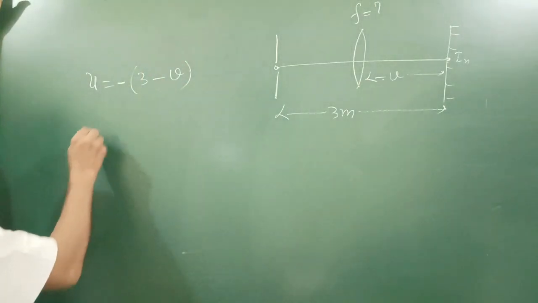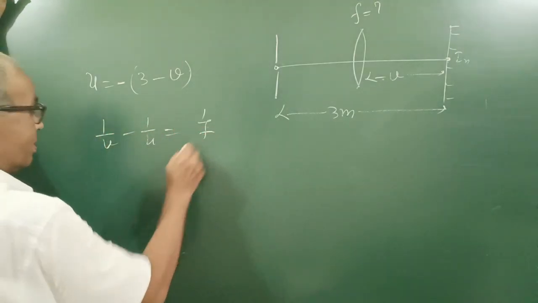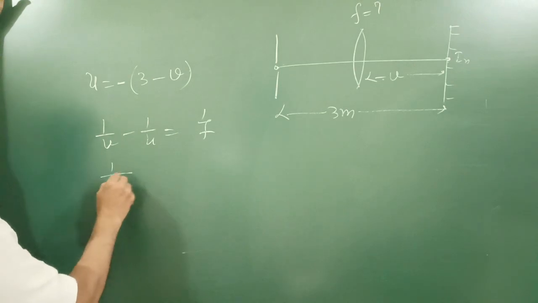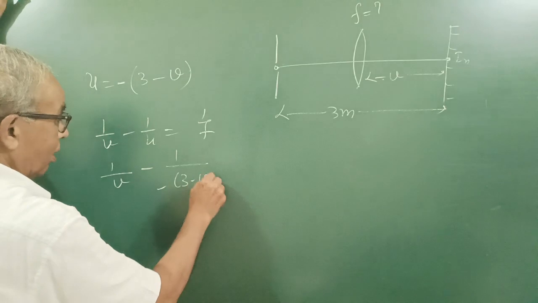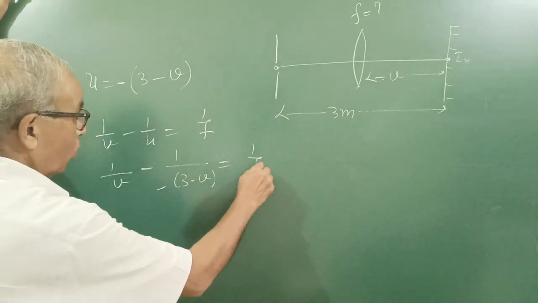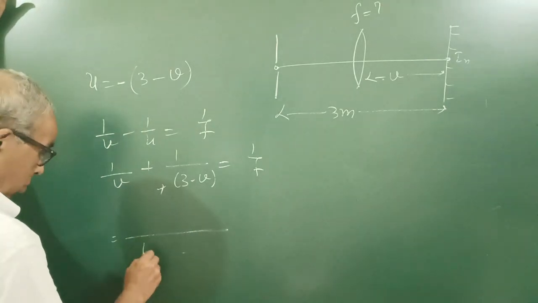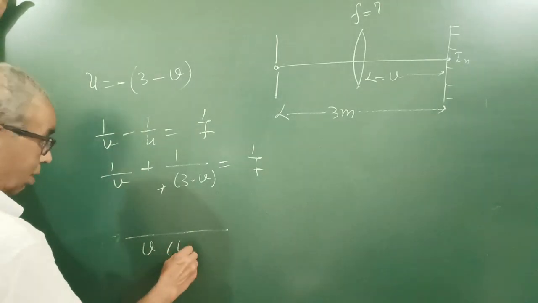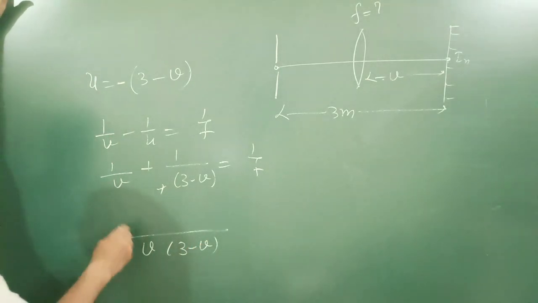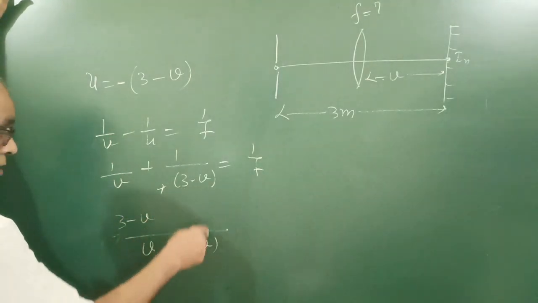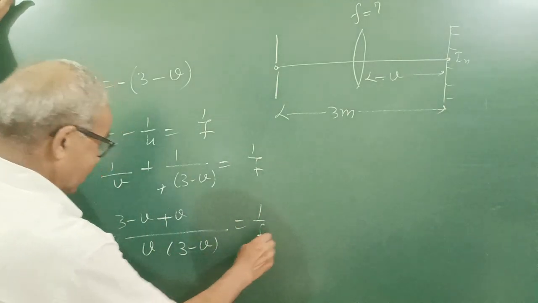Applying the lens equation, 1 upon V minus 1 upon U equals 1 upon F. 1 upon V minus 1 upon minus (3 minus V) equals 1 upon F. This minus cancels. Taking LCM, V into (3 minus V), we get 3 minus V plus V equals 3 upon 3F.